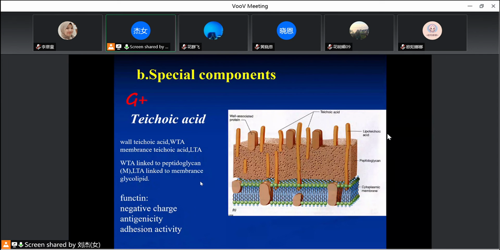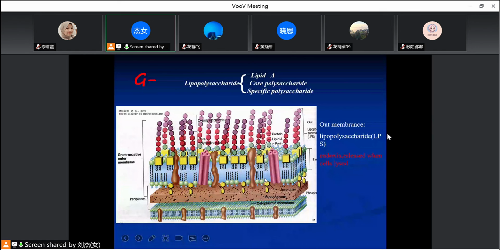And this is the surface of the gram-negative bacteria. You see, the peptidoglycan is really thin, not thick, only a short layer, and outside is the outer membrane. You see the gram-negative outer membrane, just like this.